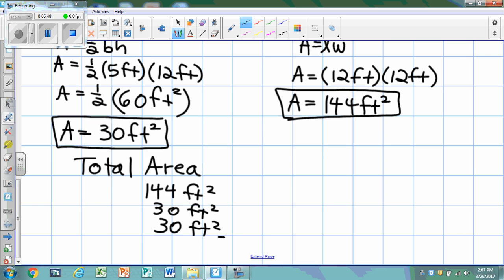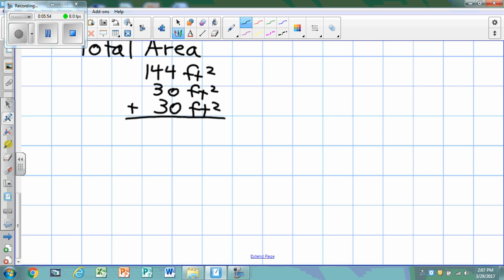So either way works for me. So what is the total value here? What's the first column? 4. Next column? 10. And the last? 2.